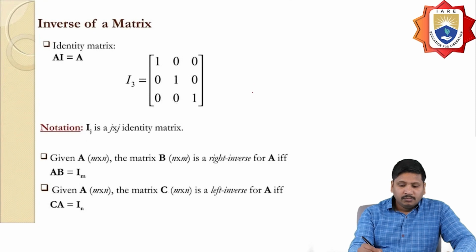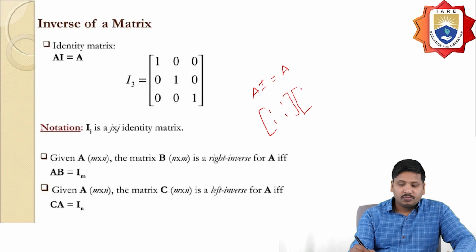If I multiply A by I, then automatically it should be A. Suppose I have a matrix like 1 1 1 1 and I multiply it with the identity matrix 1 0 0 1, then automatically the result is the same.